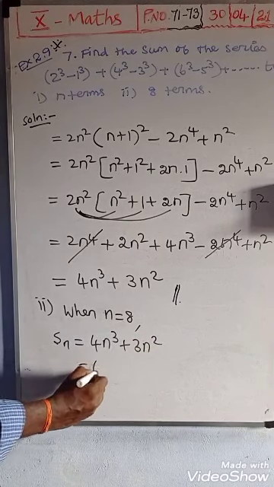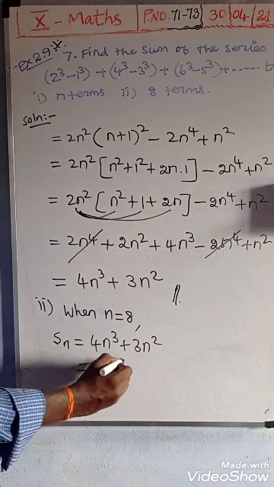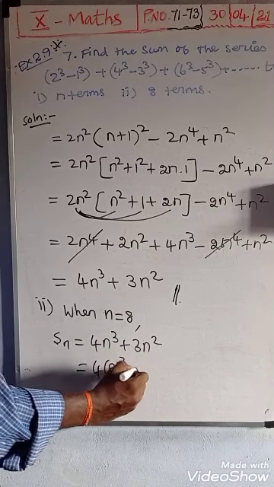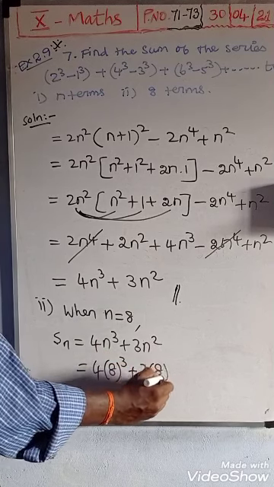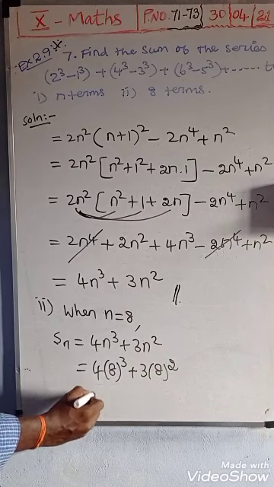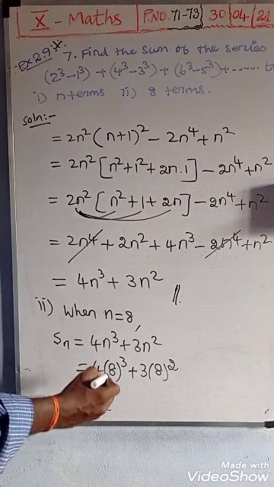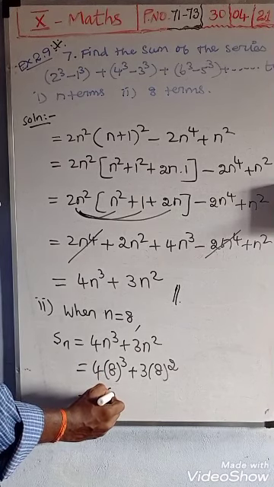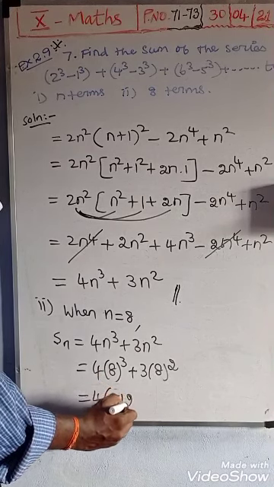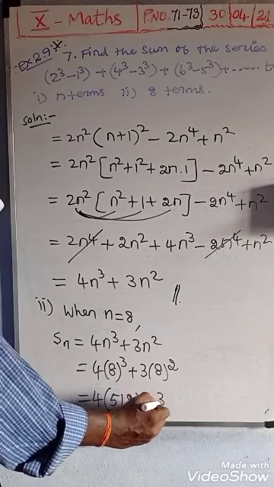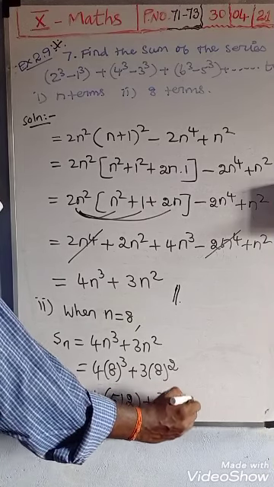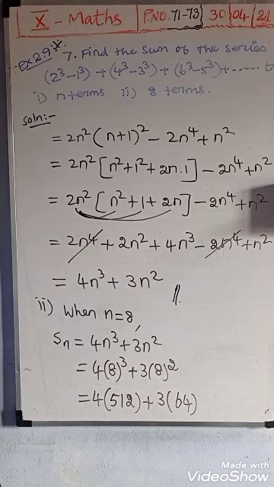So instead of n put 8: 4 times 8 cube plus 3 times 8 squared. Now 4 times 8 cube: 8 8s are 64, 64 into 8 we will get 512. Plus 3 times 8 squared, that means 64. Now you should multiply these two and add, and we will get the answer.